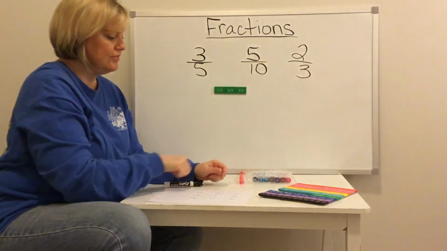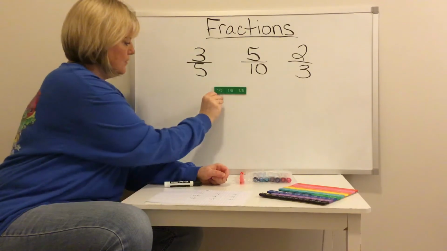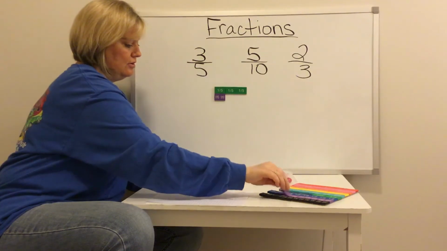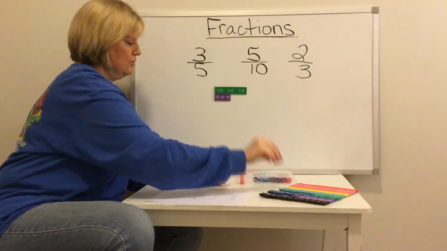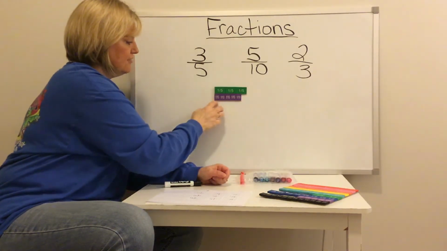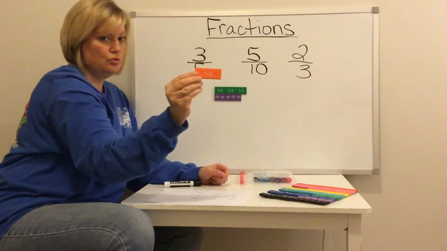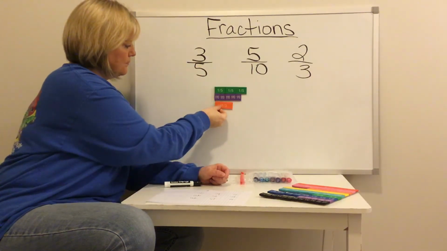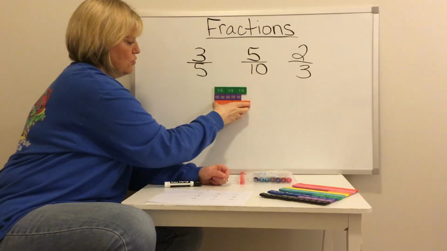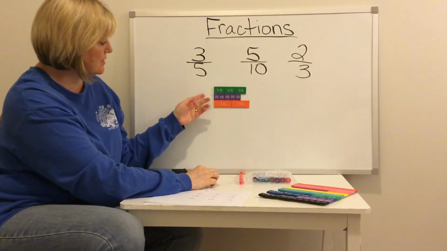And then for 5/10, I'm going to take 5 of my 1/10 pieces. 1/10 plus 1/10 plus 1/10 plus 1/10 plus 1/10 makes 5/10. And then 2/3, I'm going to get 2 of my 1/3 pieces. 1/3 plus 1/3 makes 2/3.